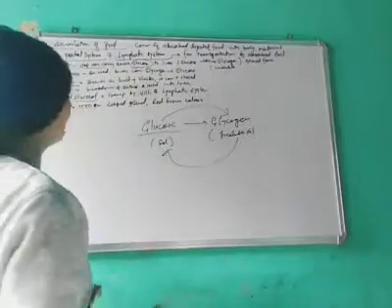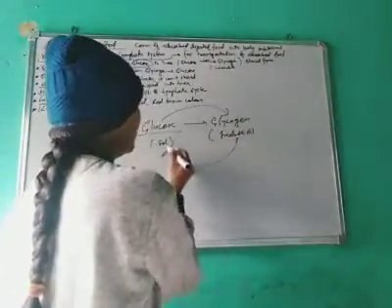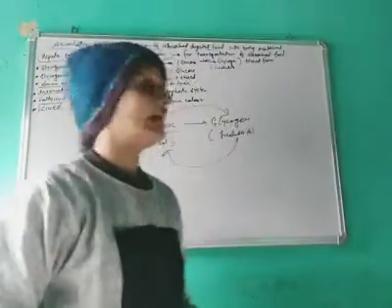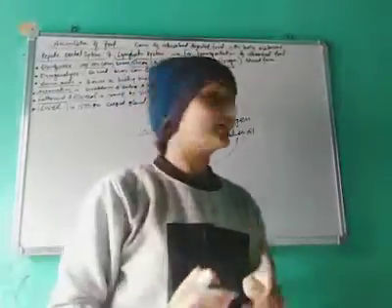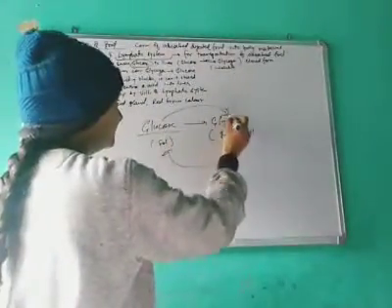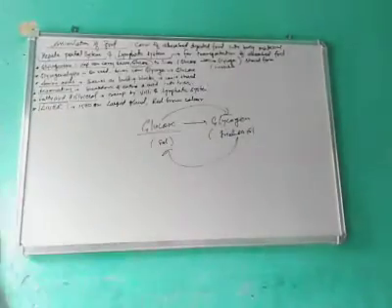When it is needed, the liver converts glycogen back into glucose. This process is called glycogenolysis. The two are different: glucose to glycogen is glycogenesis, and glycogen to glucose is glycogenolysis.